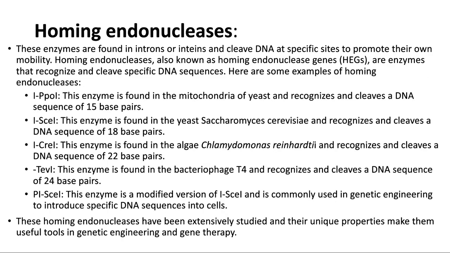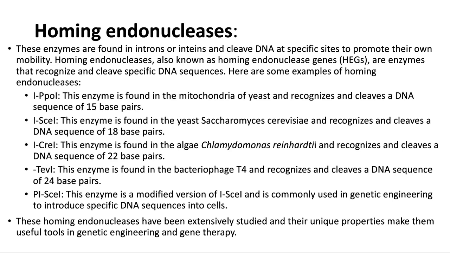Now we have the homing endonucleases. These are found in introns or inteins and cleave DNA at specific sites to promote their own mobility. Homing endonucleases, also known as homing endonuclease genes, are enzymes that recognize and cleave specific DNA sequences.